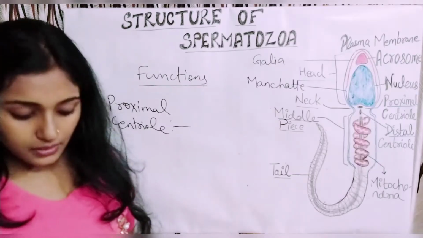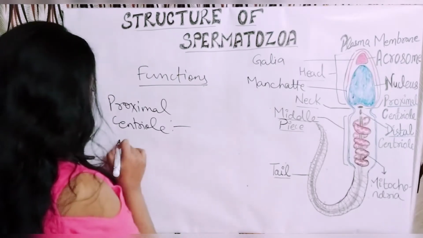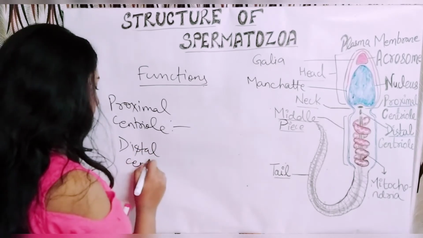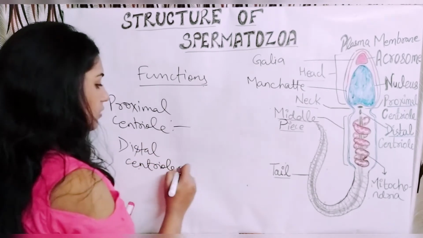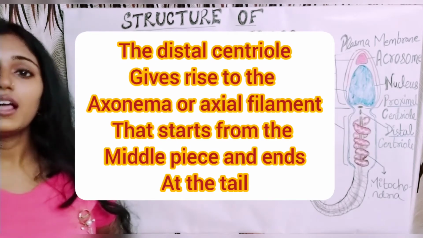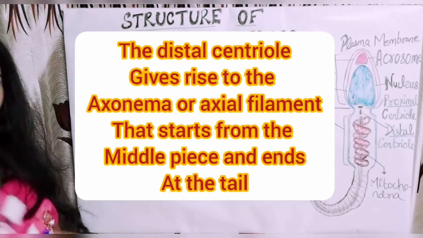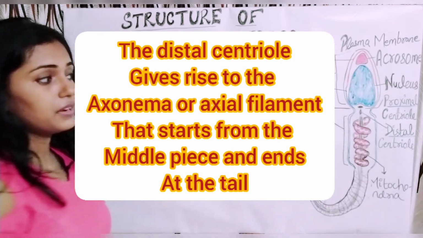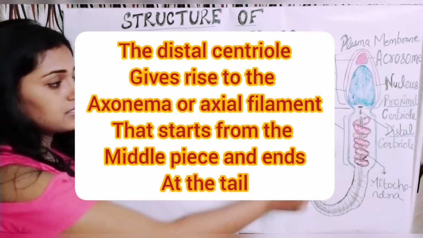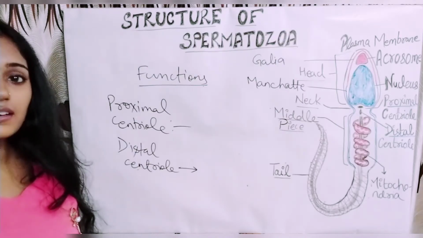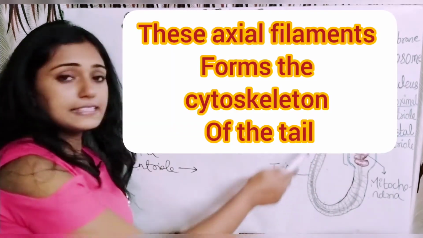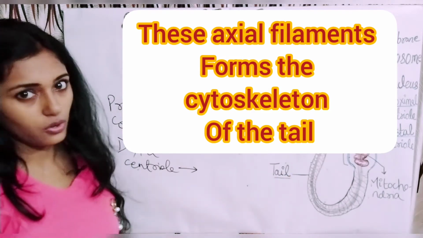Then the second one is the distal centriole. The distal centriole gives rise to the axoneme or the axial filaments that start from the middle piece and end at the tail. These axial filaments form the cytoskeleton of the tail.